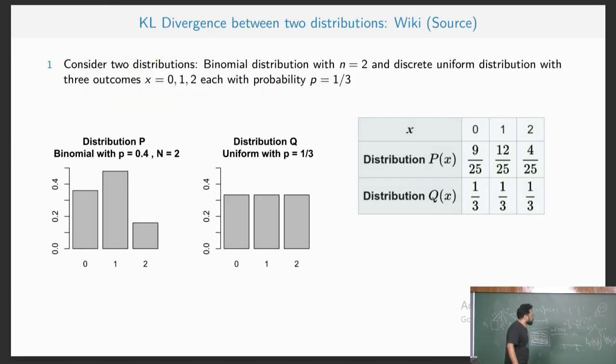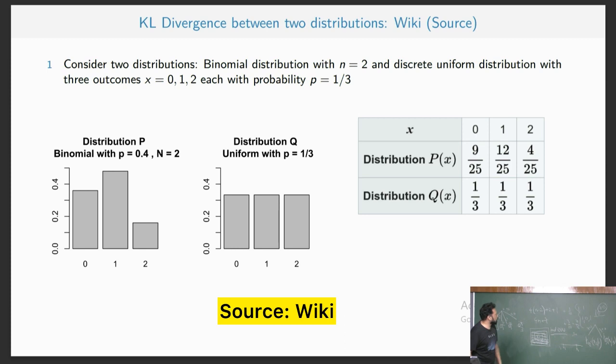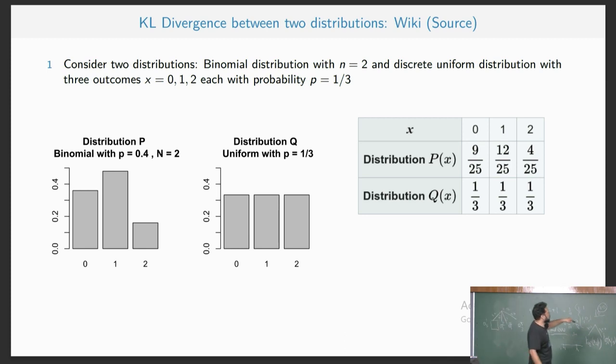Okay, now let us get a little bit of example in hand. So let us say the distribution P is defined by the probability values like this, and it corresponds to, I guess, a binomial distribution with n equals 2. So binomial with n equal to 2 essentially stands for 3 outcomes, because the third one will be the one that we didn't observe.